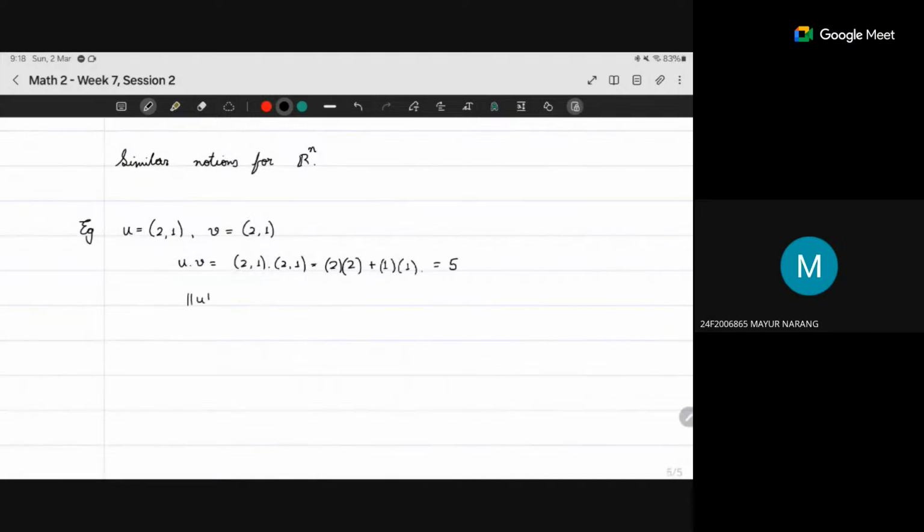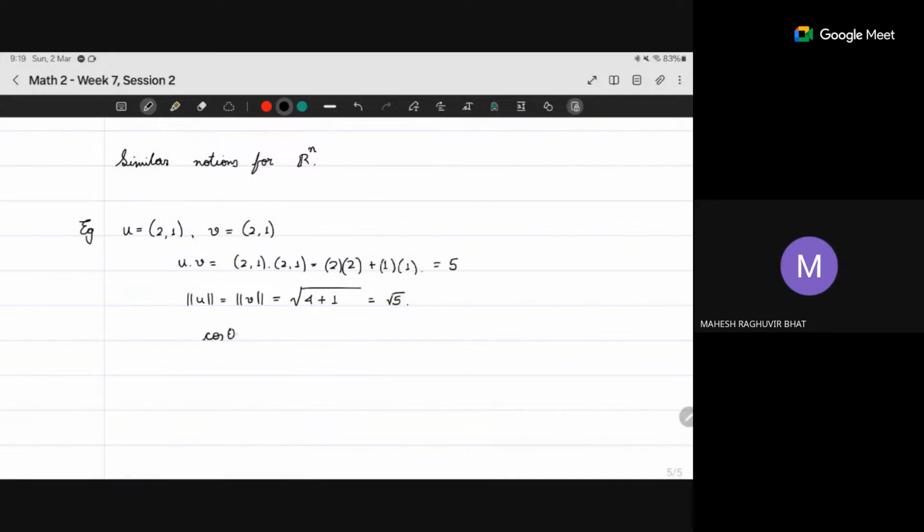What is norm of u, which is the same as norm of v because you have taken u equal to v? This is equal to square root of 4 plus 1, right? Yeah, this is root 5.